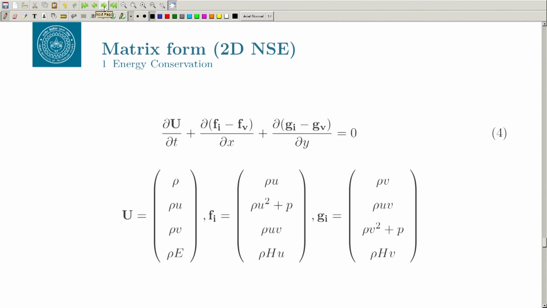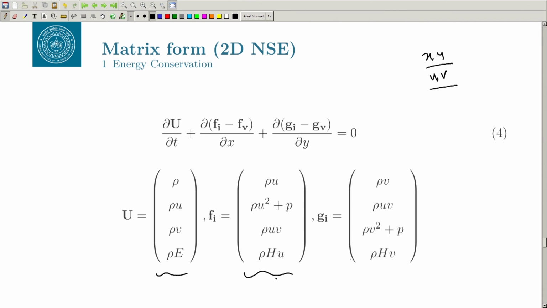If you go to the 2D flow, you can just expand it. Now, instead of one direction, you have two directions x and y, and similarly you have two velocities u and v. So, the d by dt term will have rho, rho u, rho v and rho E. And then you will have fluxes. You can have the inviscid fluxes, which are shown here.